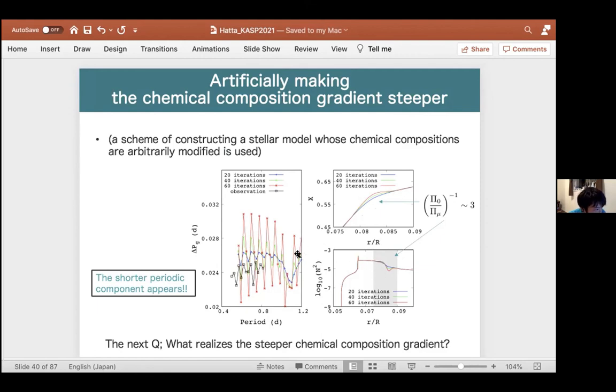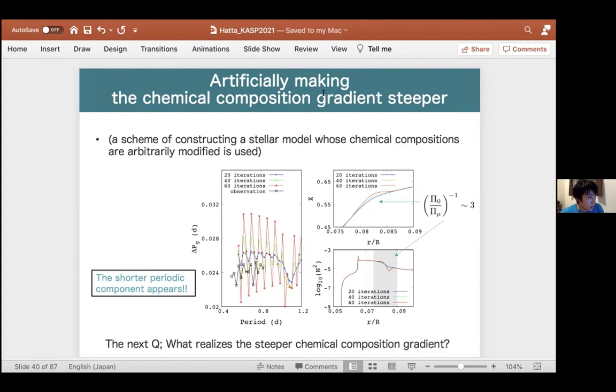And finally, the corresponding delta PG patterns are numerically computed based on these models like this. As we see, from blue, green to red, the amplitude of the delta PG pattern becomes larger and larger. So the shorter periodic component appears as we expected.